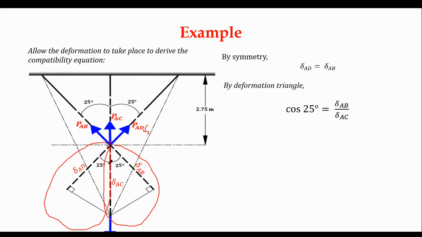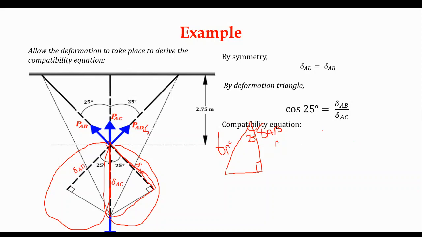Okay, so if we choose this triangle, you can see, this is AB, and the hypotenuse is AC. And then the angle is 25 degrees. So we can say that cos 25 is equal to deformation AB over deformation AC.